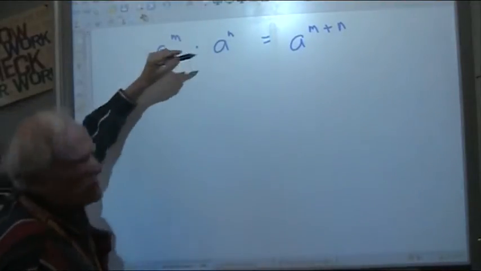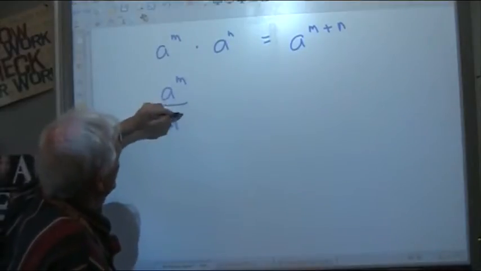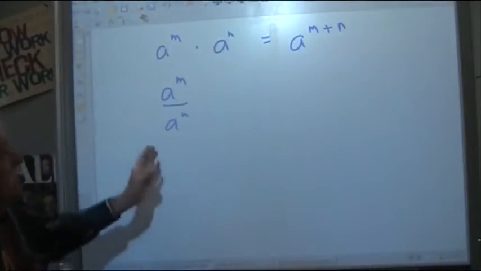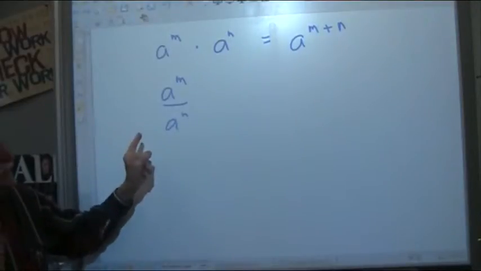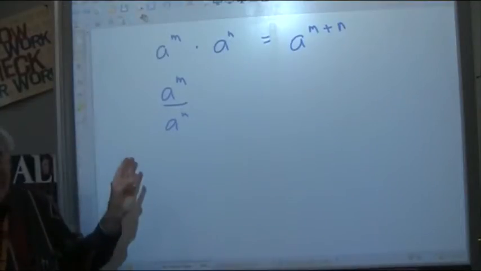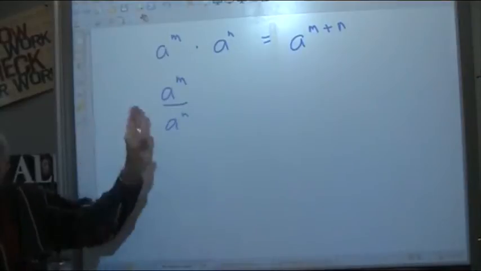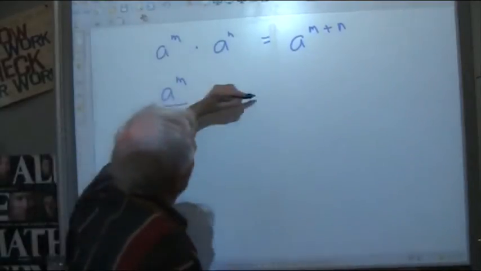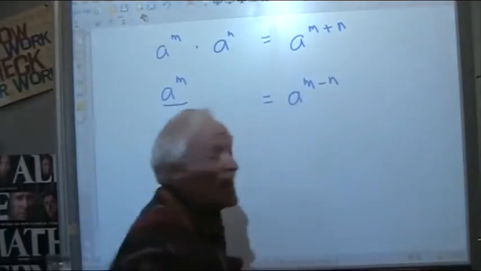So now this is multiplication. What if we want to divide? Here, how many times do you see the base a? Twice. So when you see the base more than once and you're dividing, what do you do with the exponents? You subtract. So this is a to the m minus n.